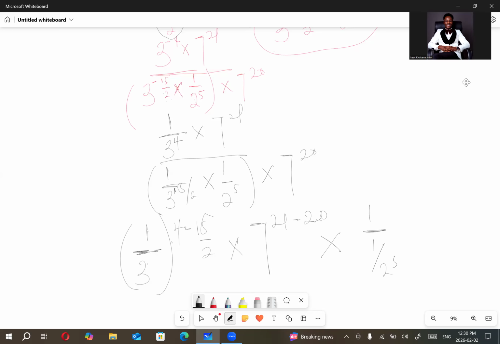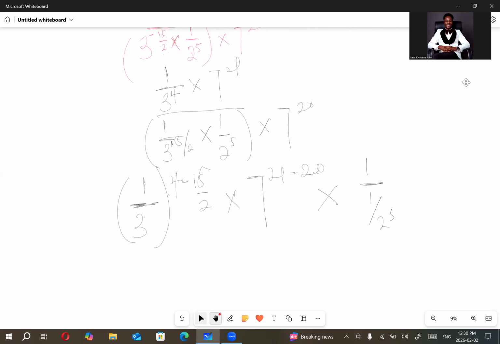So that's 1 over 3 exponent 4 minus 15 on 2. 4 minus 15 on 2 is minus 7 on 2.